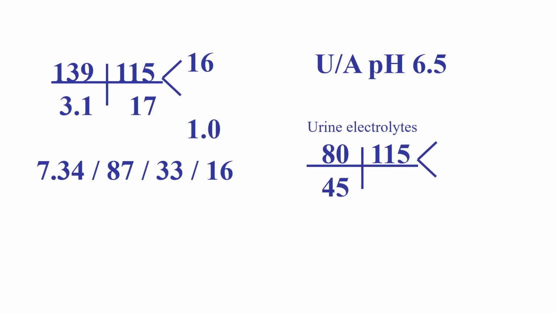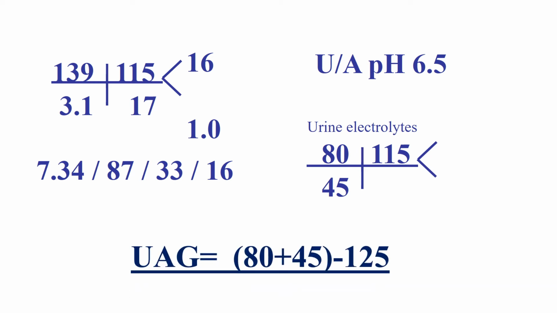What the urine anion gap is in this patient. So in this particular patient, you have the urine sodium 80, potassium 45, and chloride of 115. So your urine anion gap would be, there's a typo here, 125 minus 115, so it would be plus 10, or a positive anion gap.